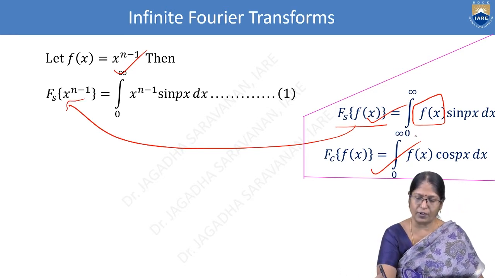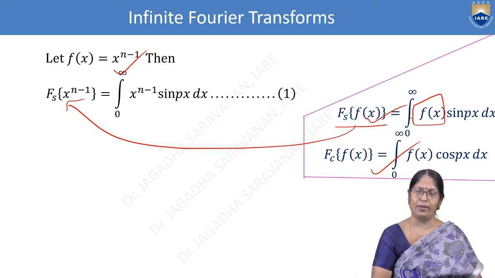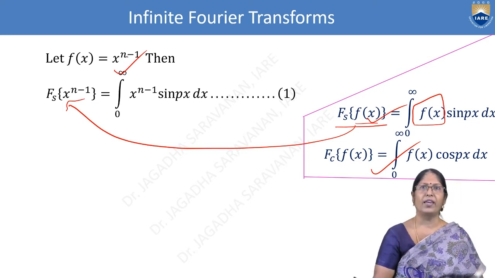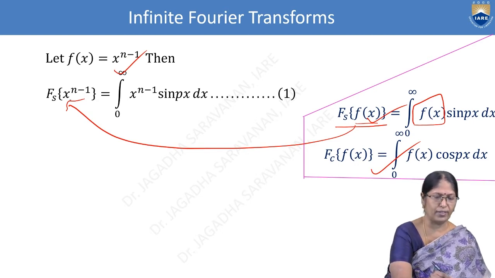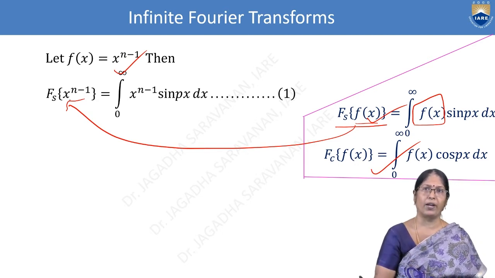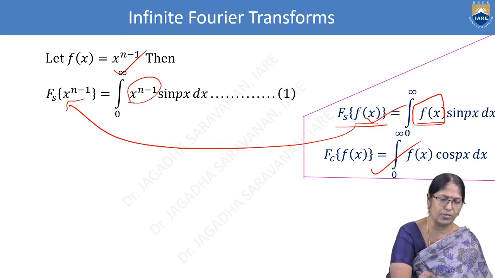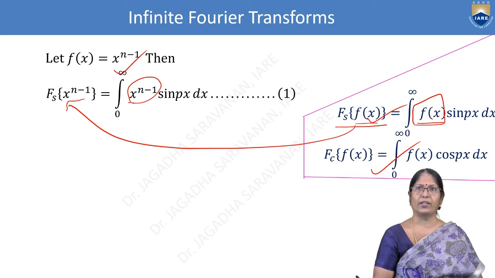Fs of f of x, this is our formula, the Fourier sine transform formula. F of x is our given function. Our given function is x power n minus 1. So f of x is replaced by x power n minus 1.